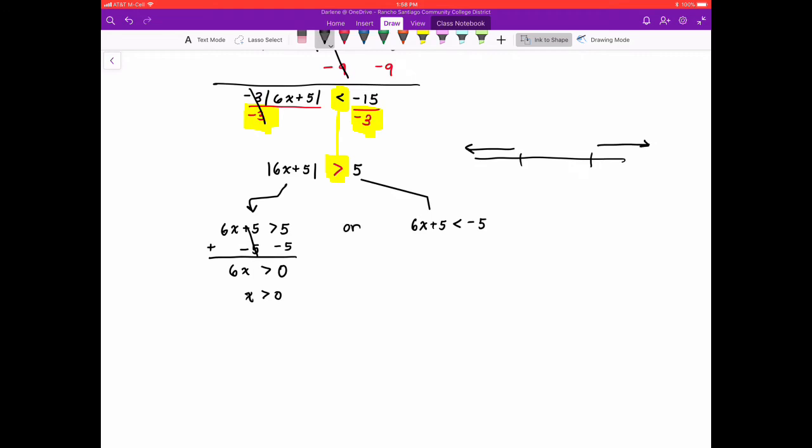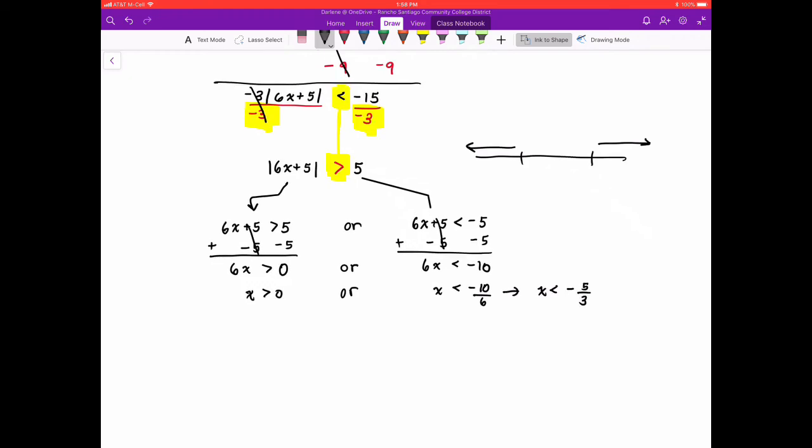Or, let's subtract 5 from each side, and we get 6x less than negative 10, and therefore x is less than negative 10/6. We can reduce this to x less than negative 5/3. So the solution is x greater than 0 or x less than negative 5/3.